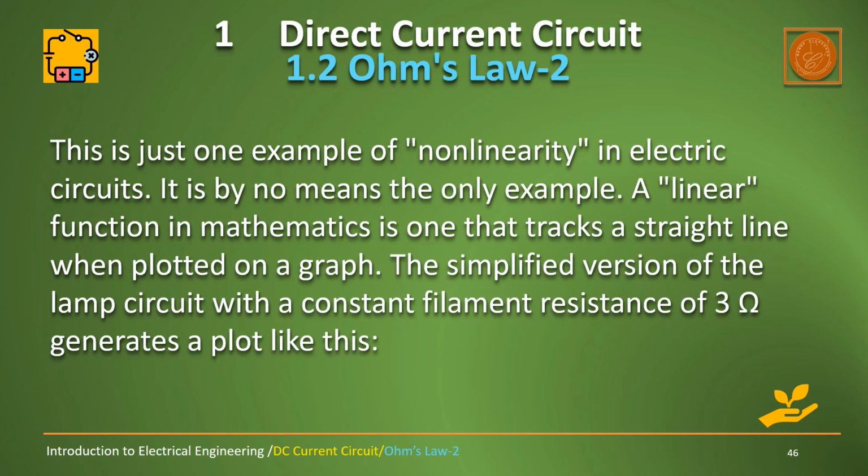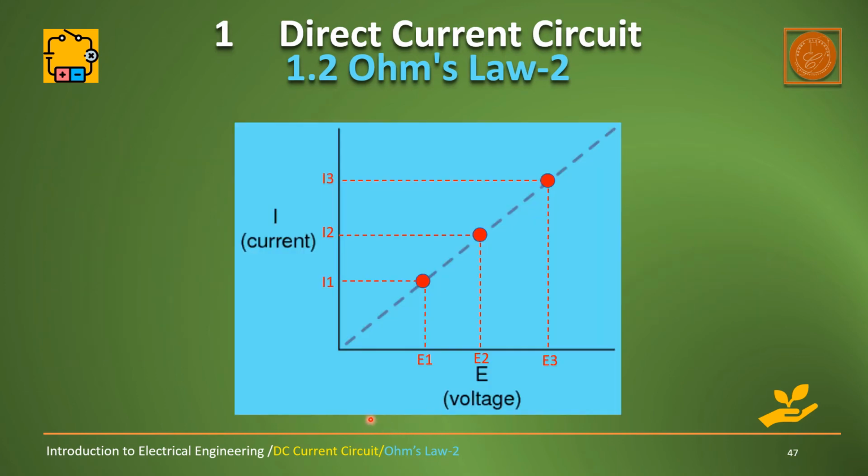The simplified version of the lamp circuit with a constant filament resistance of 3 ohms generates a plot like this. If we put the horizontal axis as the voltage E and the vertical axis as current I, given a voltage E1, then we can calculate the current I1.